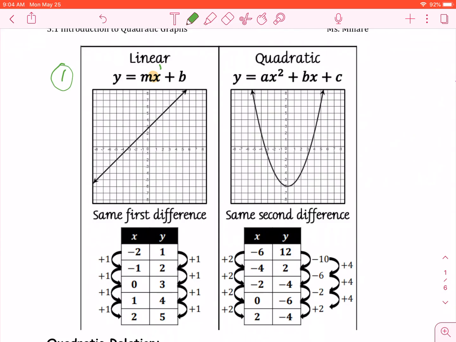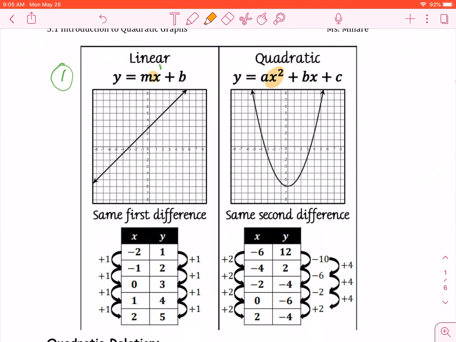And for our quadratic relations, we have one example of what a quadratic equation can look like, and that's y equals ax squared plus bx plus c, where you'll notice that your exponent of x, or your degree of x, is 2. Now remember, you're going to be acknowledging the highest exponent of x, which is what a degree is.